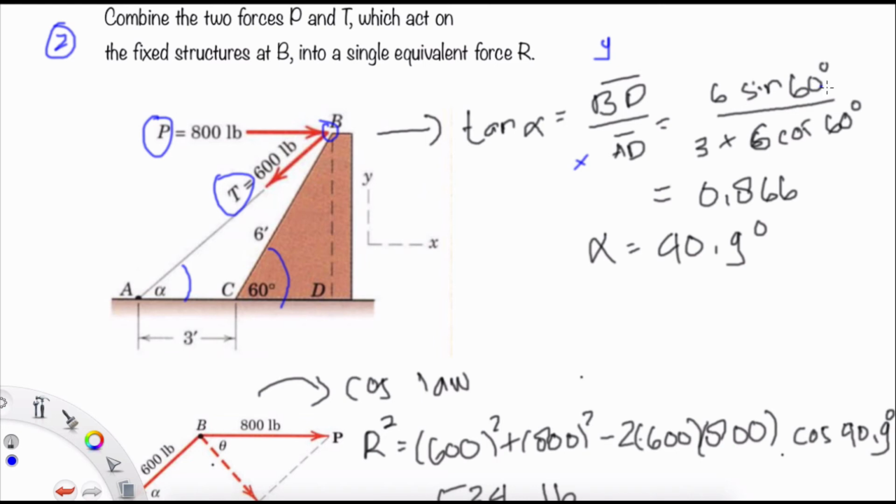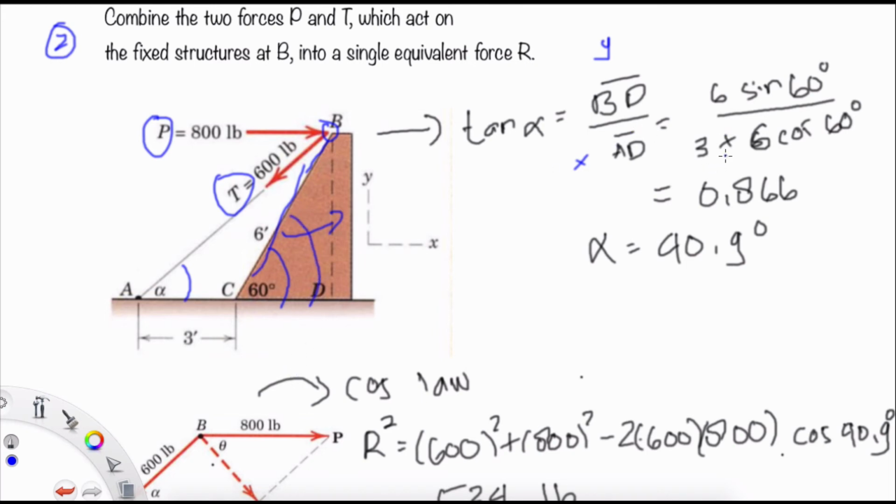We have 6 sin 60 degrees. Here, 6 sin. So we project this one to this, and we have projected the BC here to this.